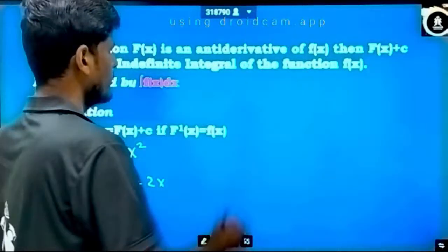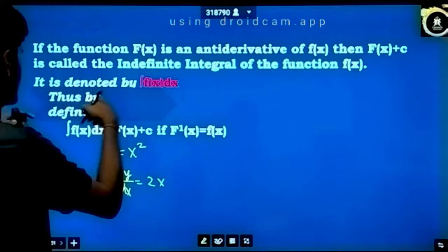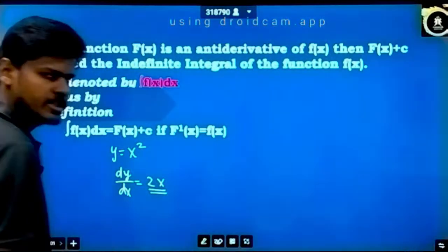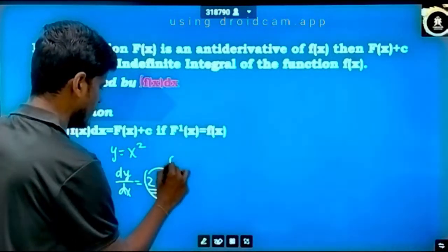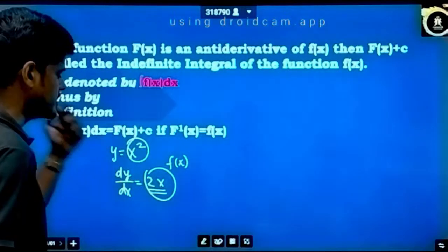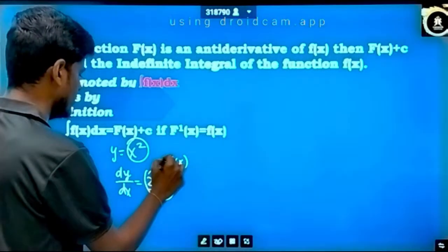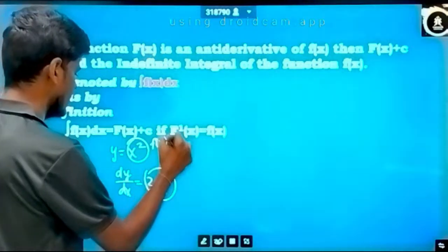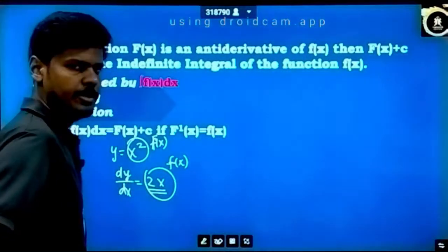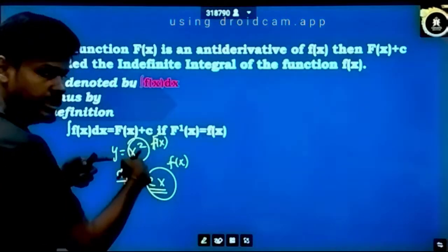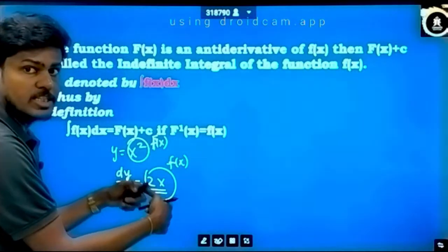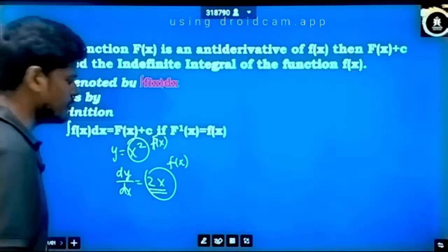By the definition, if this derivative comes out to be f of x, this is the small f of x function, and the function from which we are deriving is capital F of x. That derivative is small f of x, and the function we are deriving from is capital F of x.